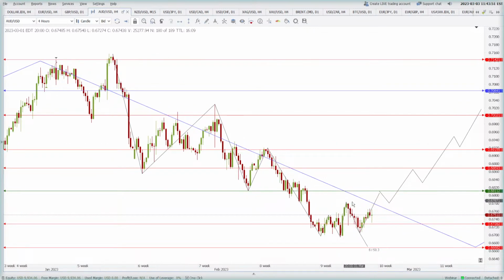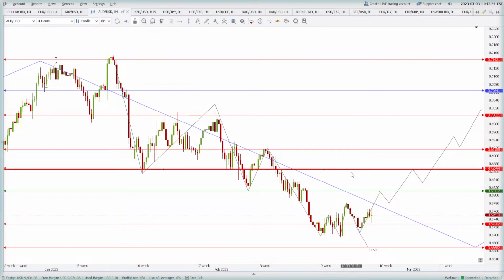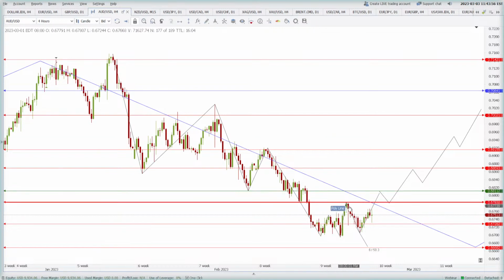But if this high here is not broken, there is a chance that the price will revert back from here and still keep forming lower highs and lower lows. This is possible, so I don't want that to happen. I want to make sure that the market has broken higher and then started acting as this area of resistance has started acting as a support. That is what I'm looking for.